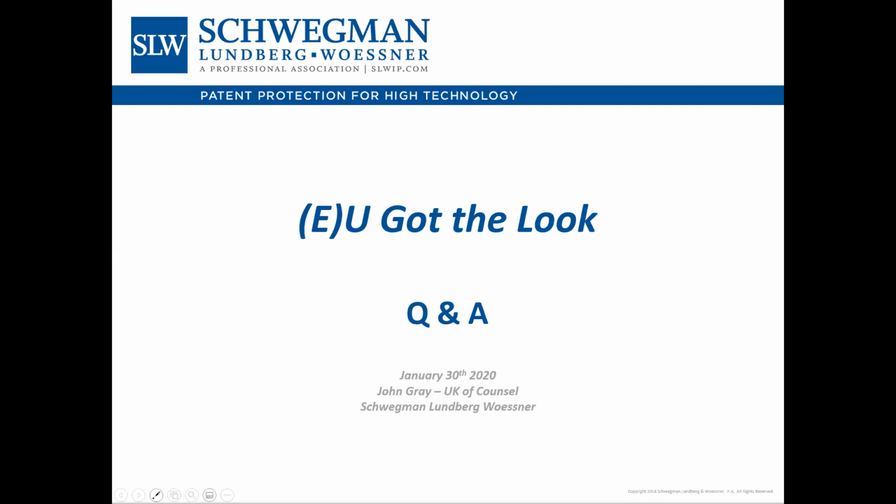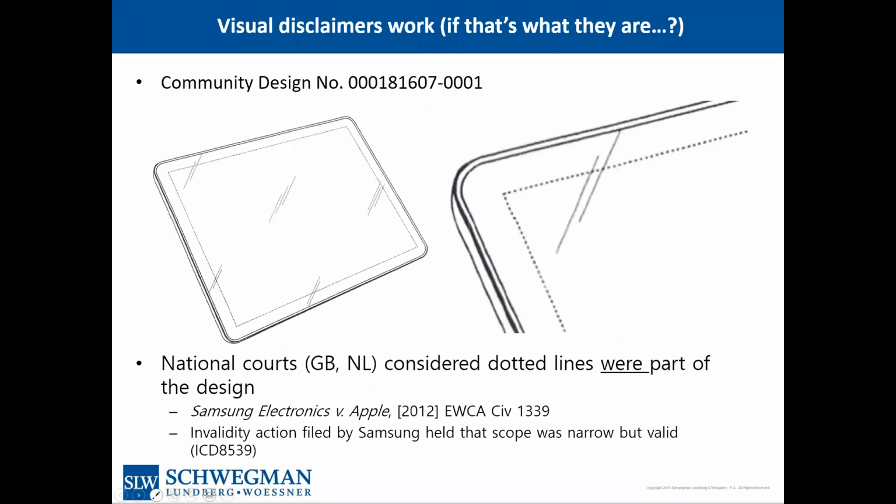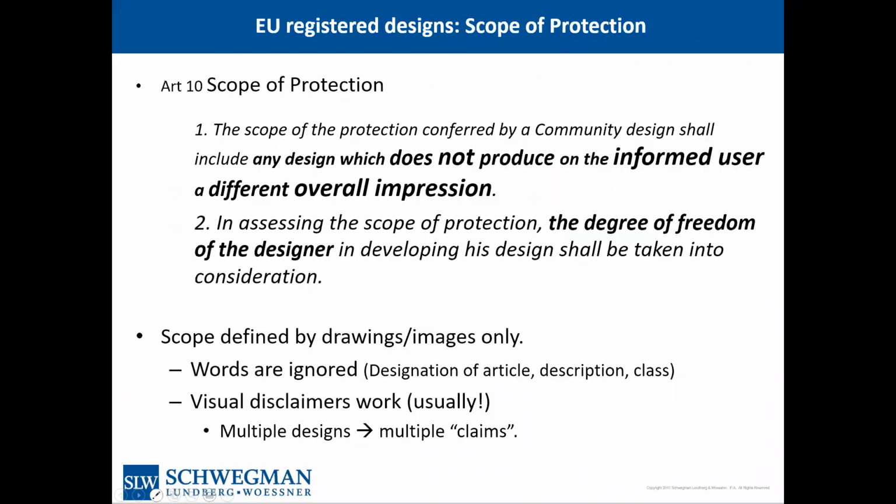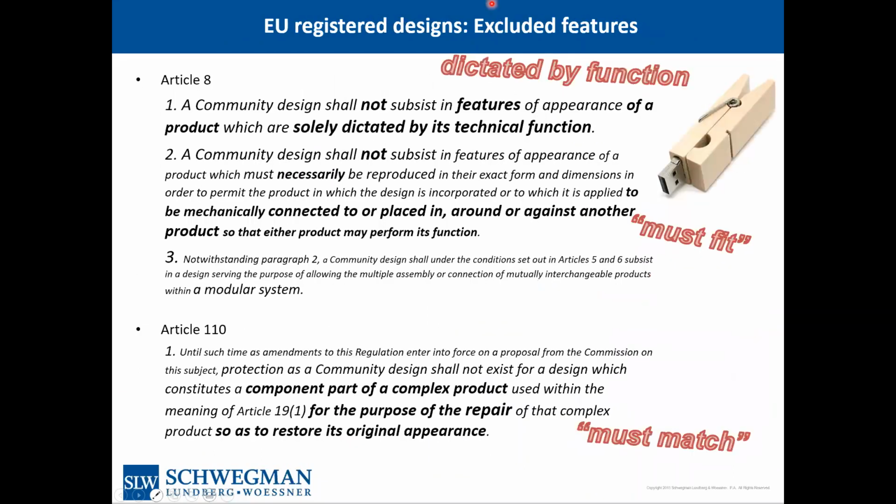John, it looks like we have one question in the chat. The question reads, can a design registration protect a unique mechanical interface, or will that fall into the must-fit exception? So it may do. I'm just going back to the slide here.